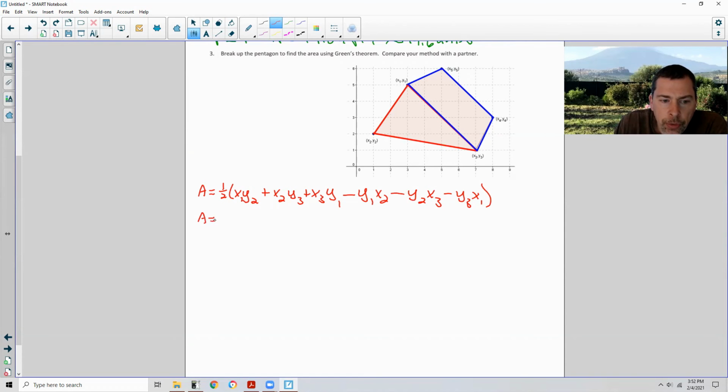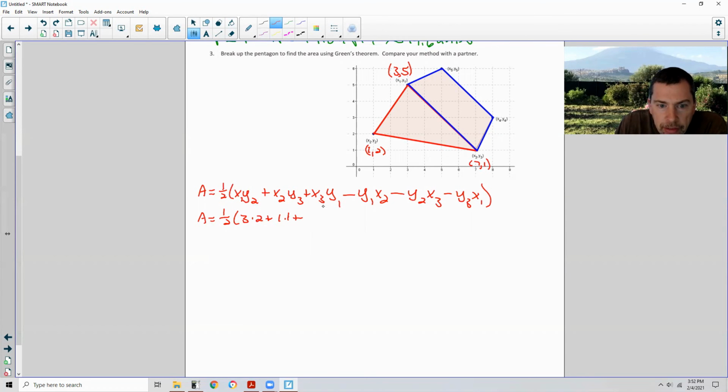So that is going to equal 1/2. And let's figure out what these x1, y1s are. I'm just going to put them up here. This is the point 3, 5. So x sub 1 is 3. And x2, y2 is the point 1 comma 2. And there's my y2. So that's 3 times 2 plus x sub 2, which is 1, times y sub 3, which is over here, and that is the point 7 comma 1. So y sub 3 is 1.